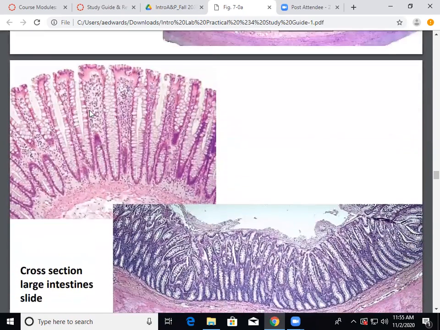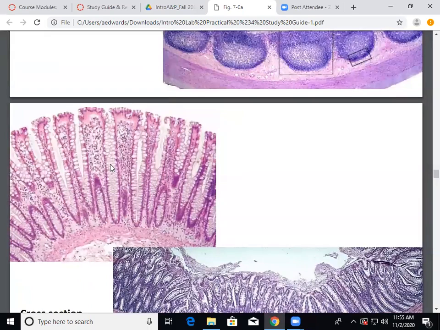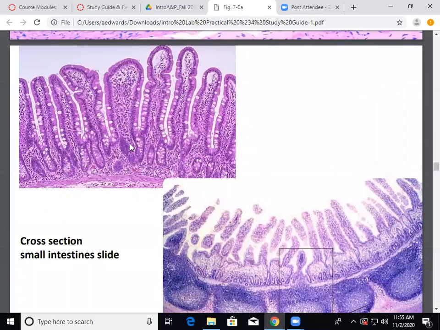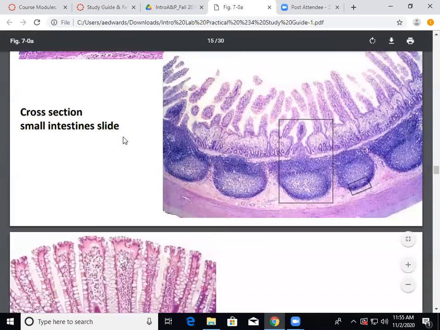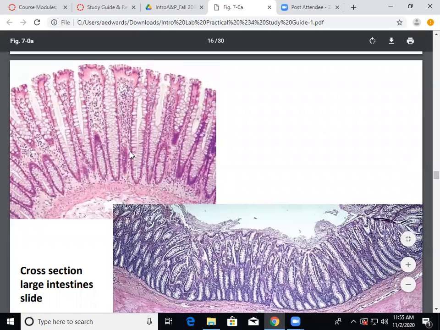All right, here's the large intestines. Again, lots of goblet cells, but not as structured for absorption. You don't really have big areas here to absorb nutrients in the middle. What you do have is a way to store water.